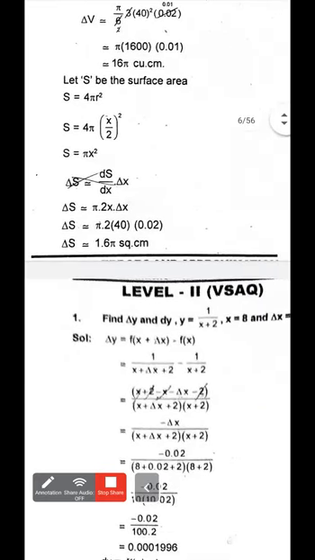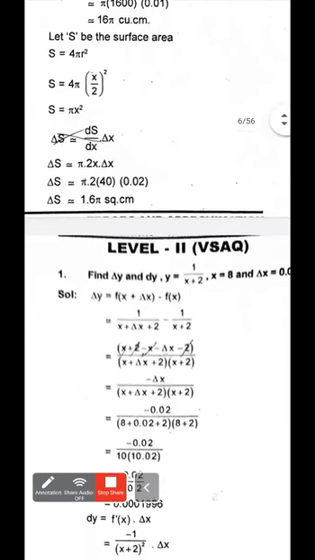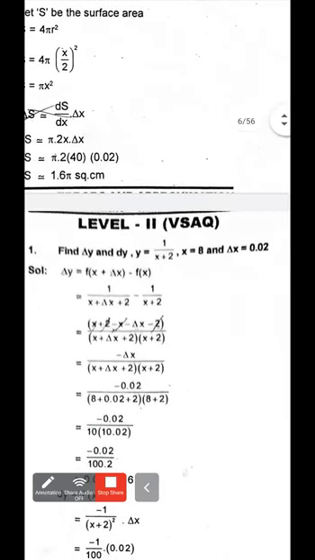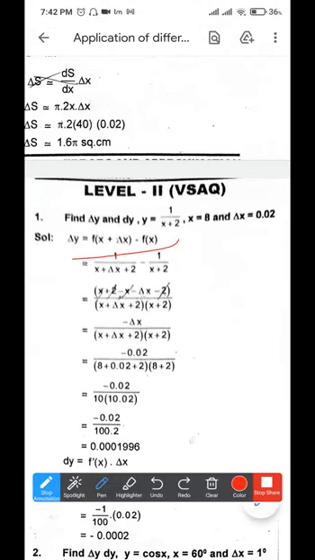Now find delta y and dy, where the function is y equal to 1 by x plus 2, where x is equal to 8 and delta x is equal to 0.02. Delta y is equal to f of x plus delta x minus f of x.